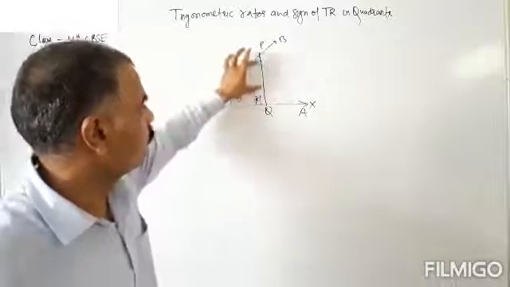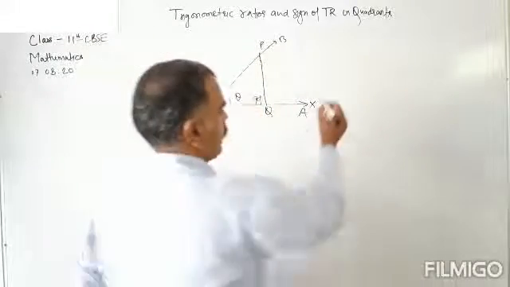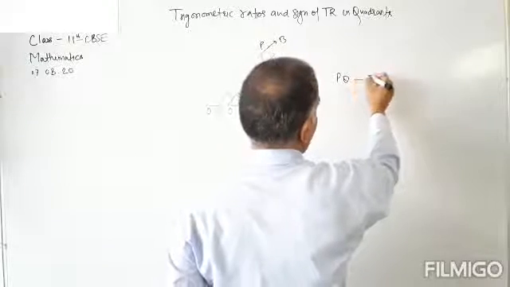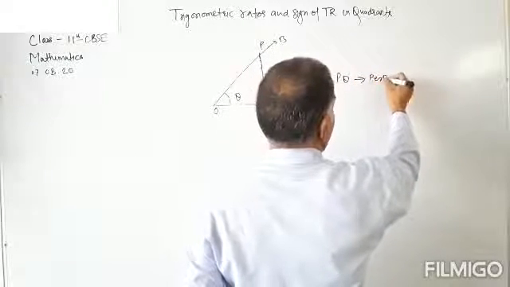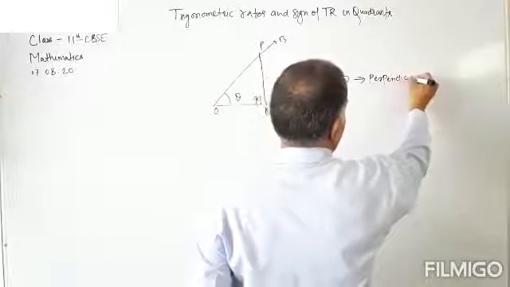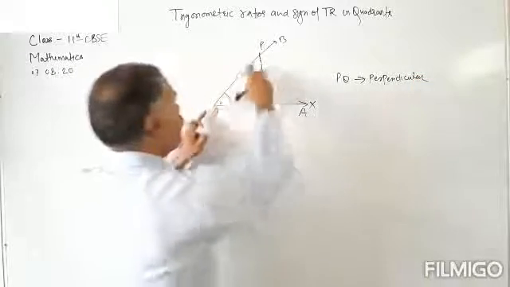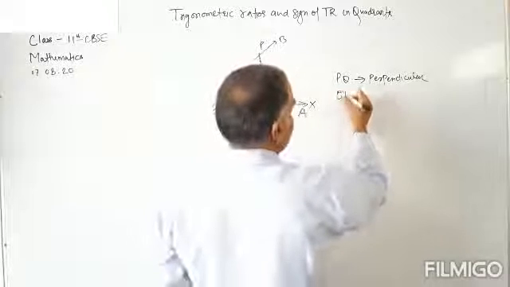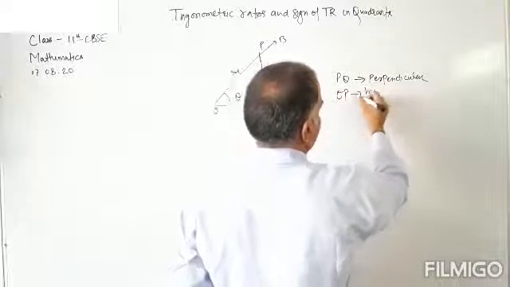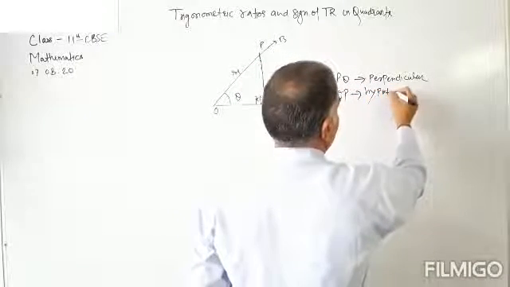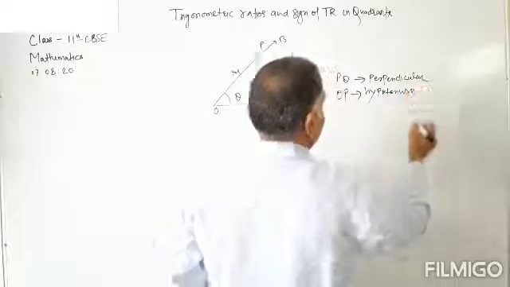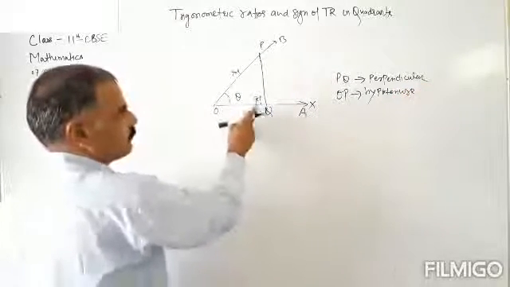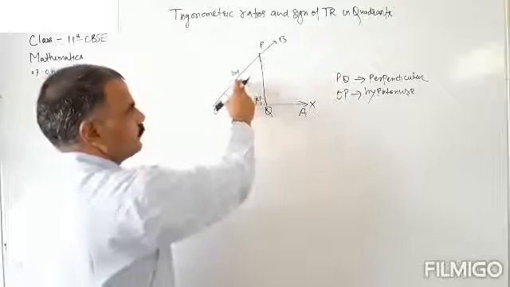This side PQ is the perpendicular side. Let the length of this side OP be R. OP is the hypotenuse; no need to explain why: the side opposite to the right angle is the hypotenuse.